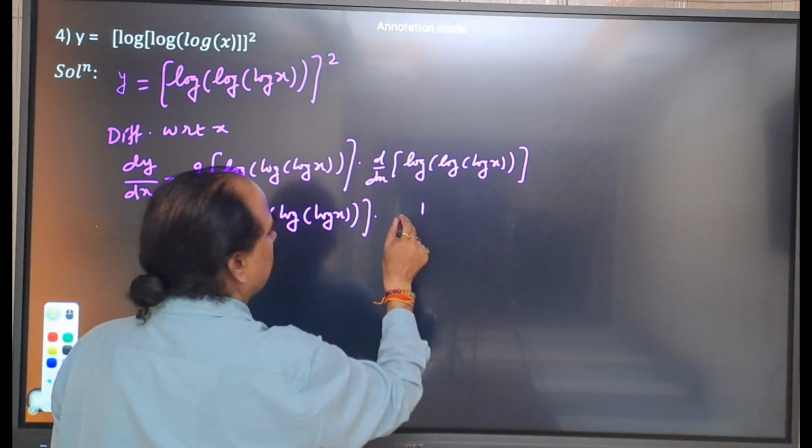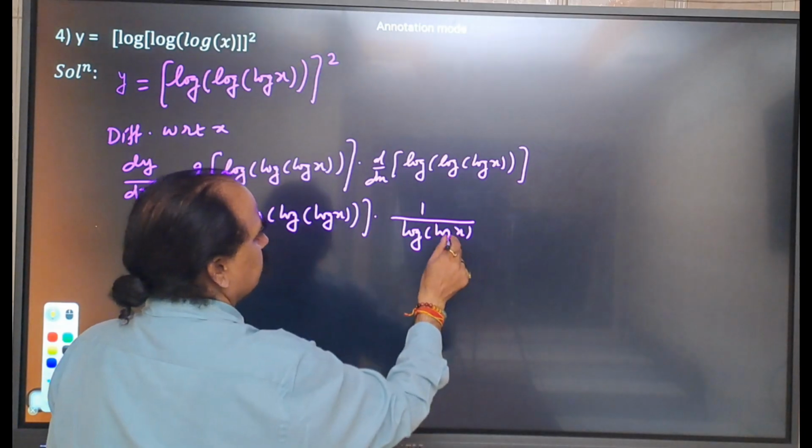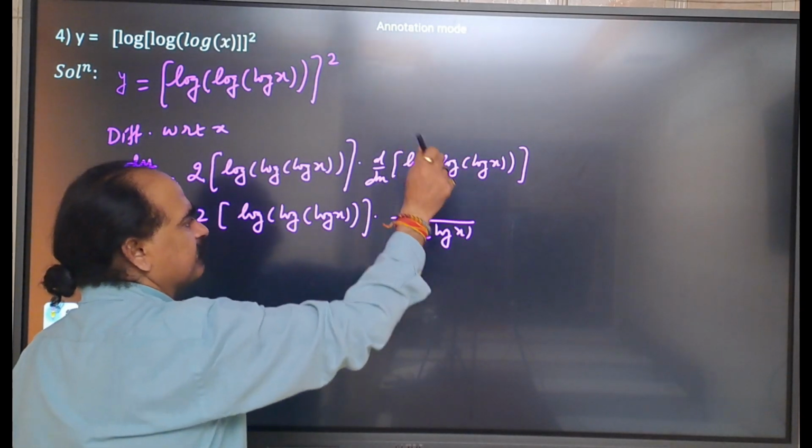Derivative of log is 1 upon. This is derivative of log into derivative of inside function.